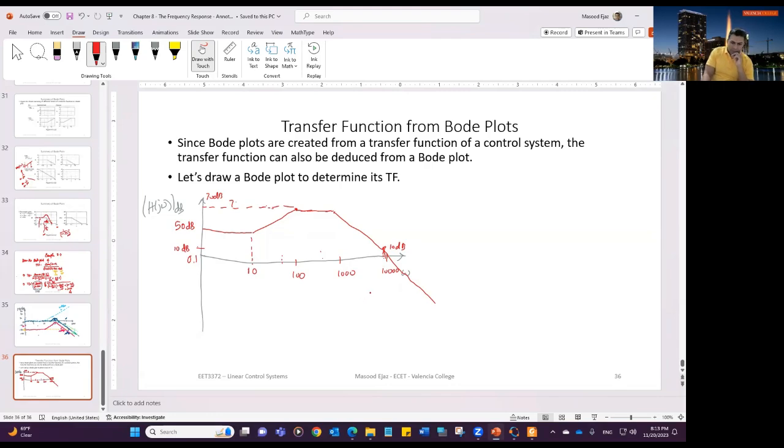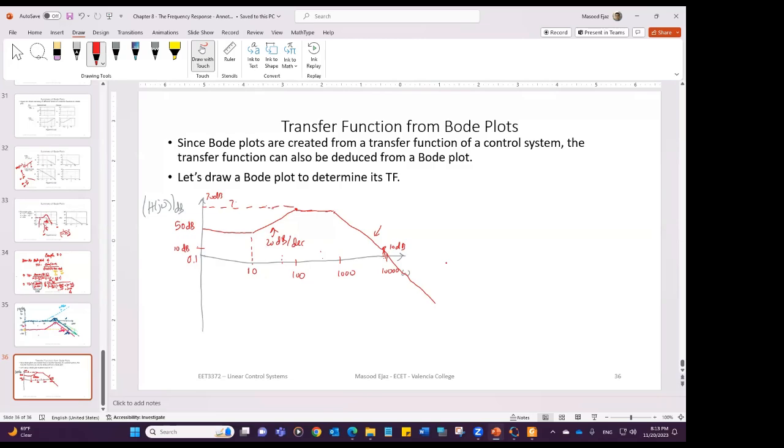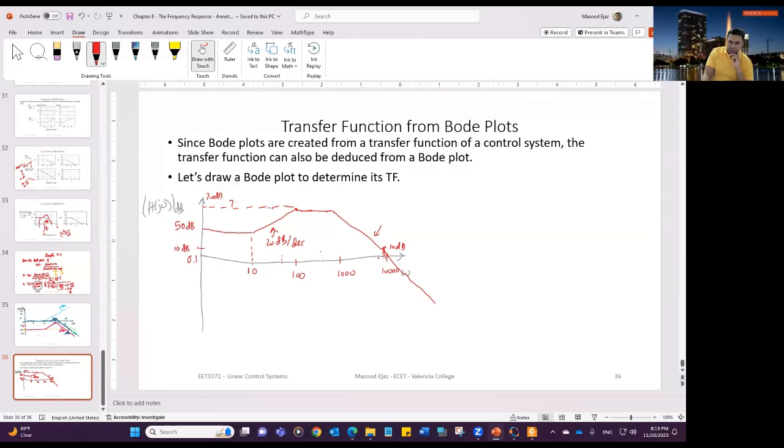So if you want to write down the transfer function of this thing, the first thing that you have to realize is that this is 20 decibel per decade. What is this? Although it doesn't look that much, what is the slope of this? Is it a first order or second order? No, I'm just asking you what will be the slope of this line.